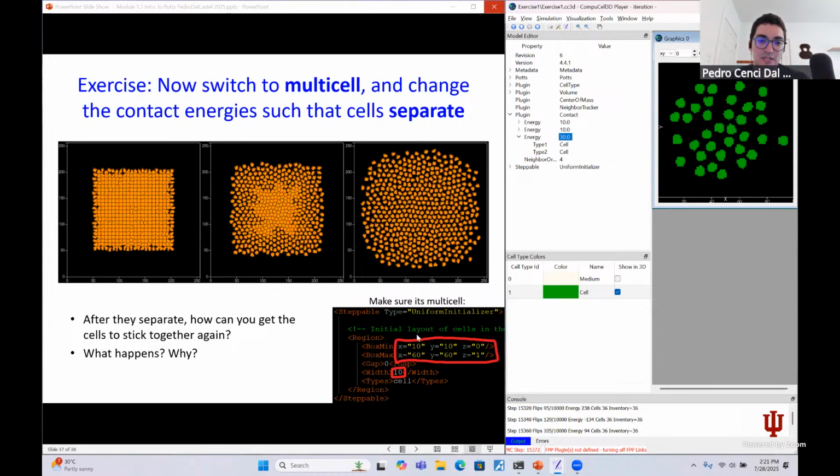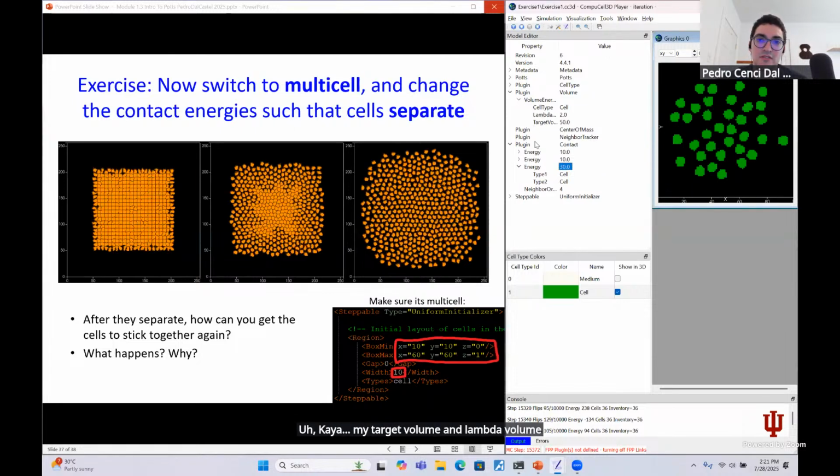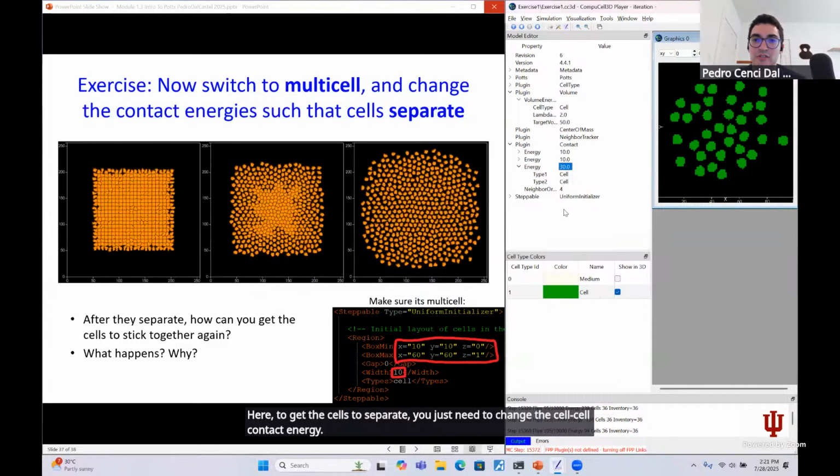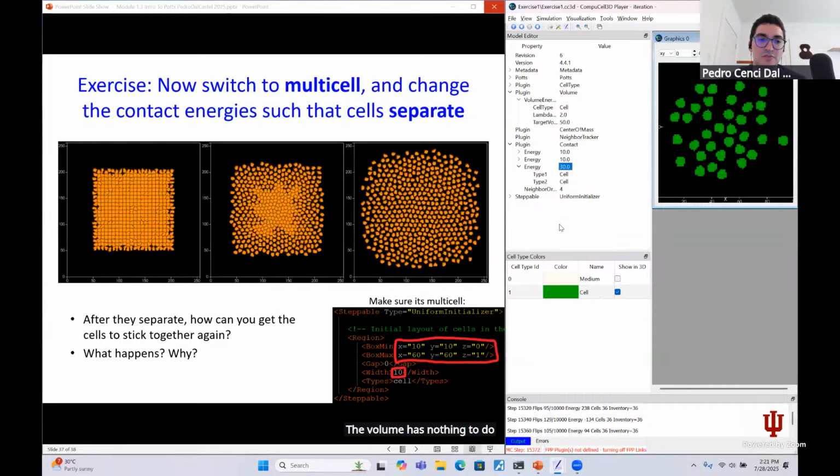You can increase like 10 to 80 on X and Y, and that increases the initial number of cells. My target volume and lambda volume are 50 and 2. To get the cells to separate, you just need to change the cell-cell contact energy. The volume has nothing to do with whether the cells separate or not.